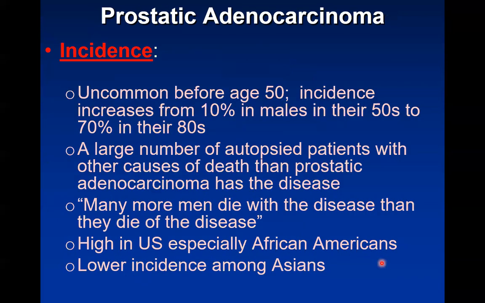All right, so incidence, again, you're going to be seeing that age is really a very prominent risk factor. In a large number of autopsy patients, and this happened in at least two autopsies that I've done, you see the prostatic adenocarcinoma without really knowing anything in the history, without the patient ever complaining about the prostate. Again, a cancer to die with rather than to die from.